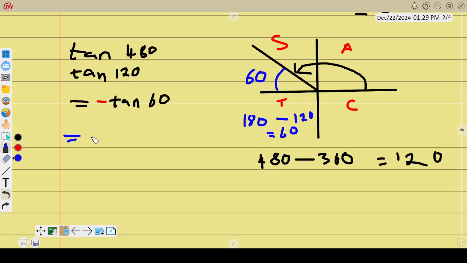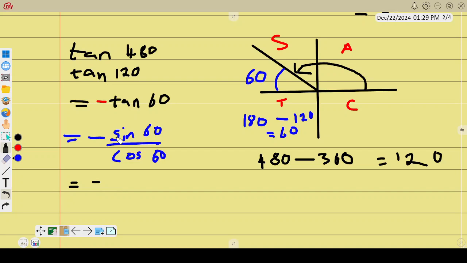What are we going to get? We're going to say it's negative sine 60 over cos 60. Yes, tan is simply sine over cos. So this will be negative.